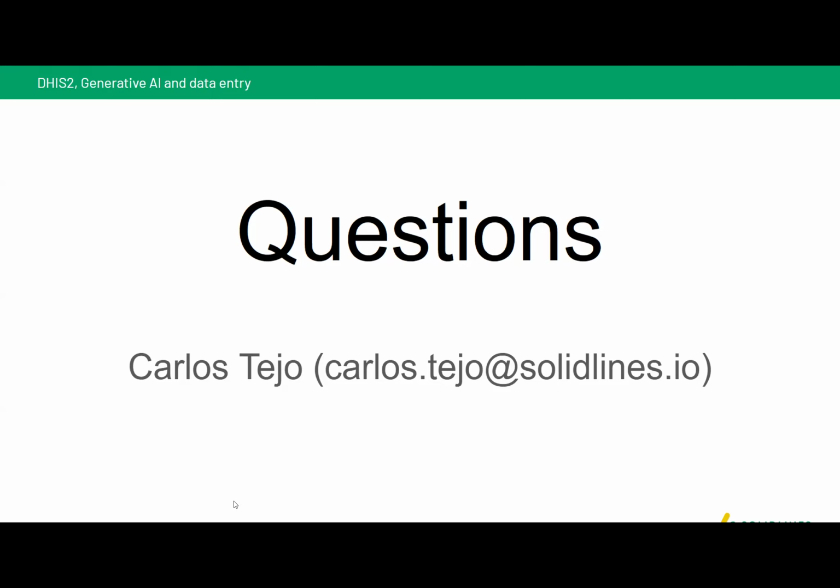On top of that, I would also like to understand how the translation of these fields actually works. For example, if I have my DHIS2 configured in English, and when I'm doing data entry I decide to use Swahili, how does the LLM know how to translate that to as close as possible to the value that I have in DHIS2? So that was my question.